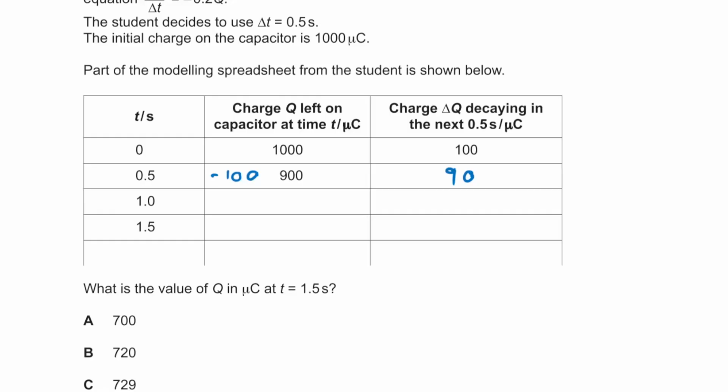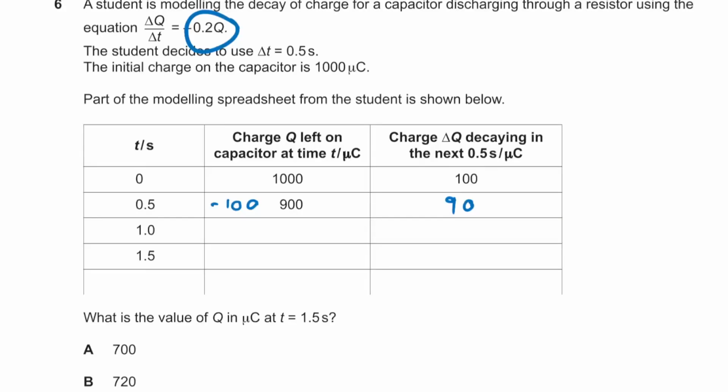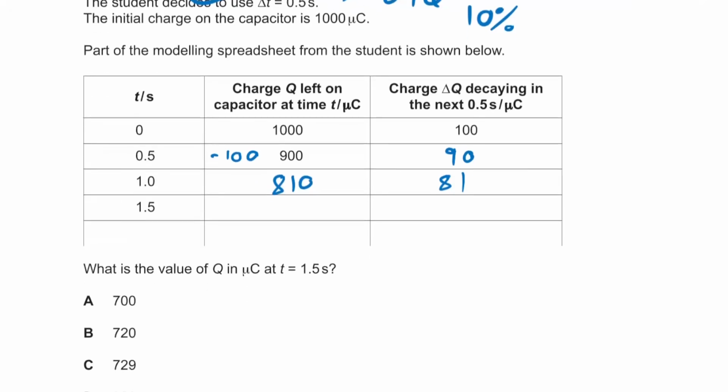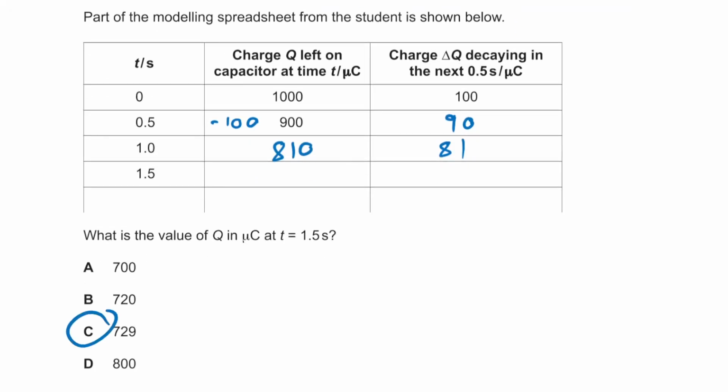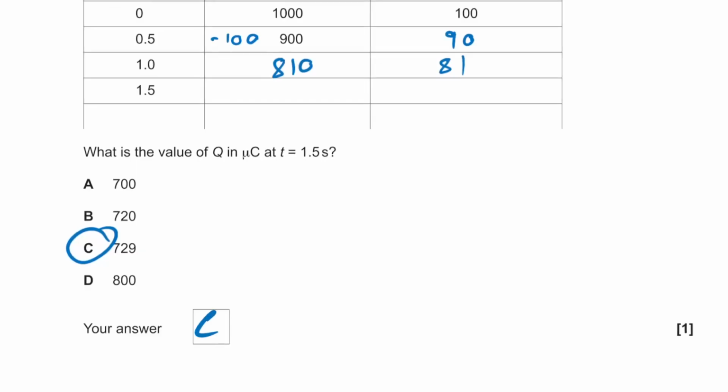It has to be the same proportion every time, so 10% is lost every time, it looks like. Oh yeah, it's every 0.5 seconds, right? So therefore every 0.5 seconds is going to be not minus 0.2 but 0.1 Q. So basically 10% is lost every time. There we go. So we're left with 810. 10% of that is going to be 81. And so, well, there's only one that fits that, doesn't it? It's going to be C.